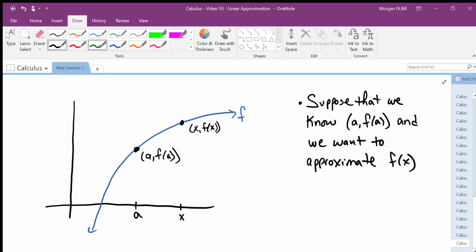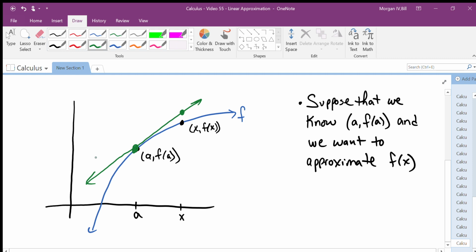So what we're going to do is take the tangent line at a, f of a. Something kind of like that. Nice tangent line at a, f of a. And we're going to use the value of the tangent line at x to approximate the f of x on the curve. In other words, at x, what is the y value on the tangent line right here?